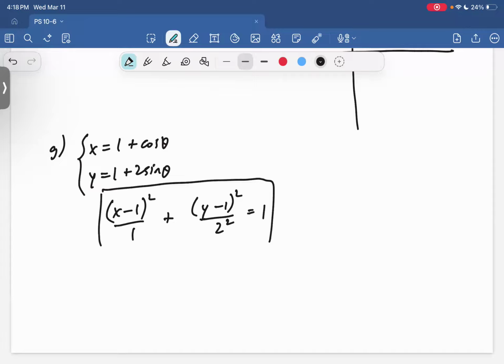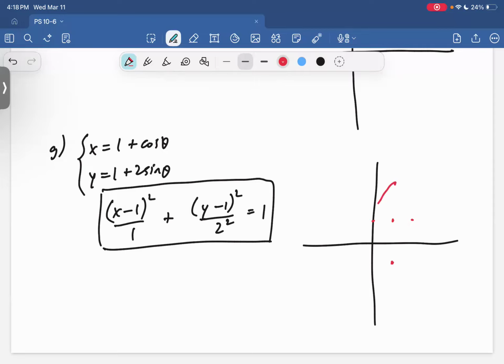So that's our ellipse. Our center is going to be at 1, comma 1. Our x radius is 1, while our y radius is 2. So our ellipse will look like that.